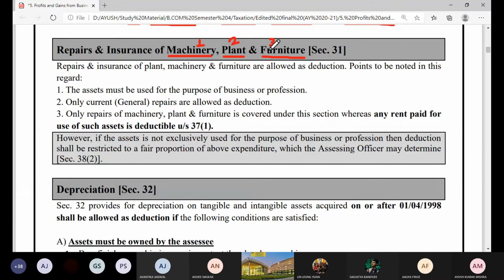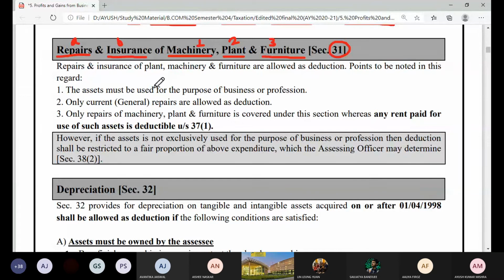These are the three assets for which we will be studying this section 31. And here the expenses that are covered are repairs and insurance. We'll be covering the first expense as A, repairs, and the second expense as B, which is insurance.